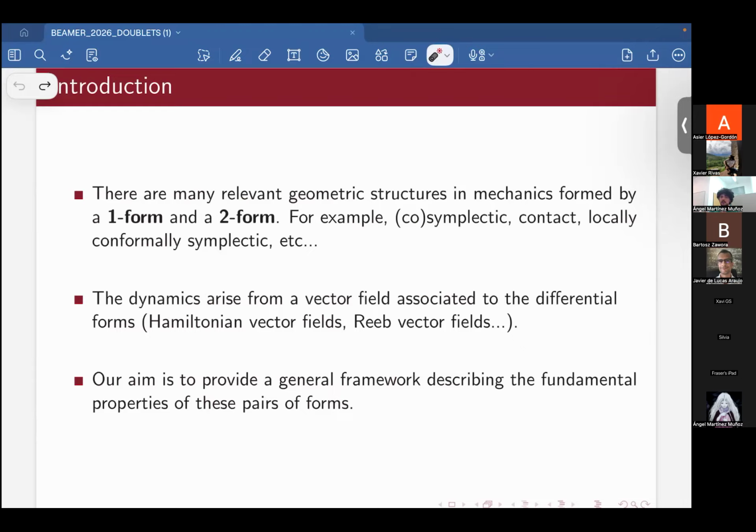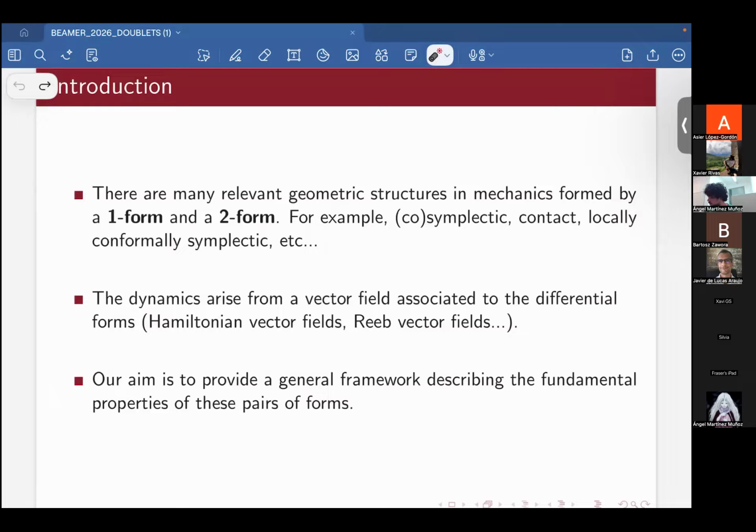So what we did is take a one form and a two form and say, okay, what can we say about this? What are the main properties about these pairs of forms? And this is very important because a lot of geometric structures in geometric mechanics are formed by a one form and a two form.